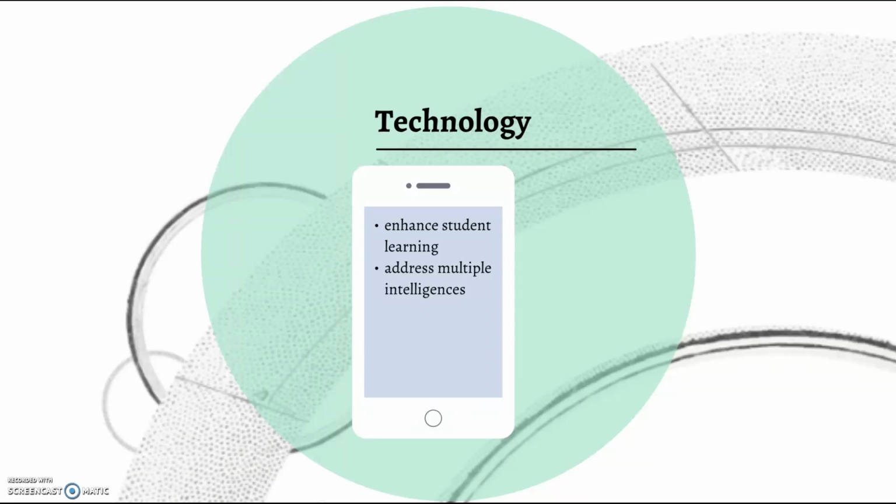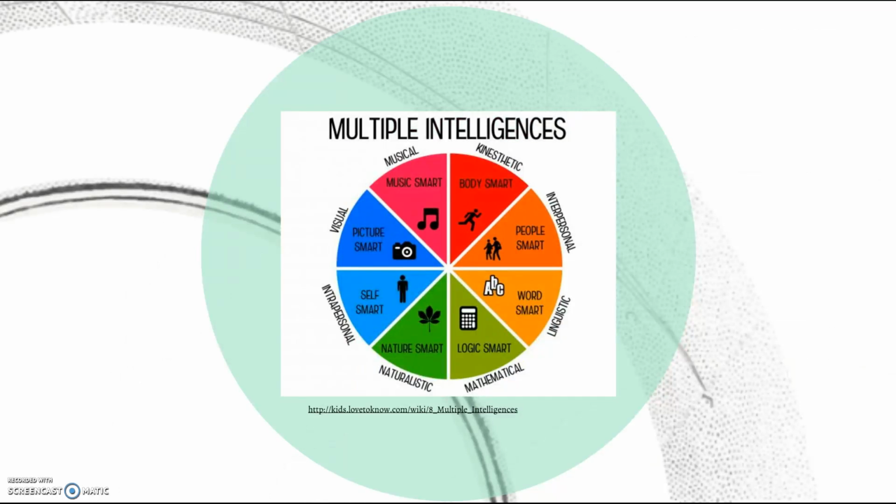The unit also uses various forms of technology to enhance student learning and address the multiple intelligences. The unit has many videos, animations, digital labs, and research projects. Apart from addressing the Common Core, NGSS, and ISTE standards, this unit also addresses the multiple intelligences.